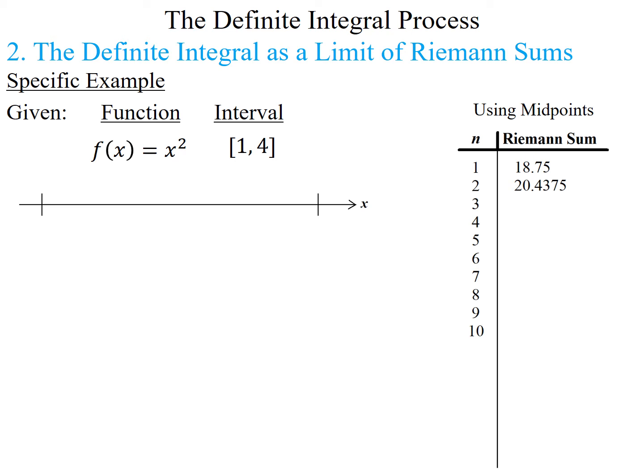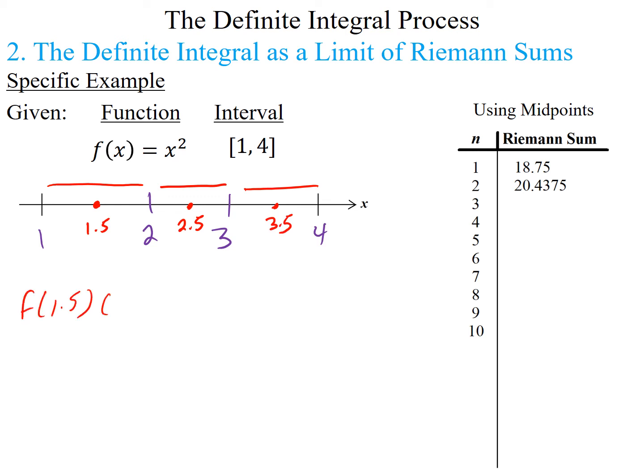If we're going to do 3 subintervals, this is 1, this is 4, 3 subintervals. I need to put 2 tick marks here. It's going to be 2 and 3. The delta x is going to be 1. And again, we're going to be using midpoint. So for this interval, the number we're going to plug in is 1.5. For this interval, we're going to plug in 2.5 because that's the midpoint. For this interval, we're going to plug in 3.5. And so the Riemann sum is f of 1.5 times the width, which is 1 for that subinterval, plus for this subinterval, we're going to plug in 2.5 and multiply by the width, which is 1.